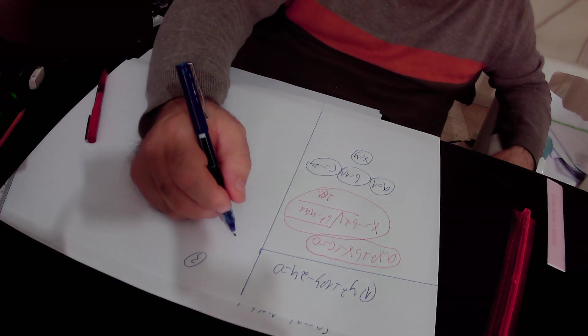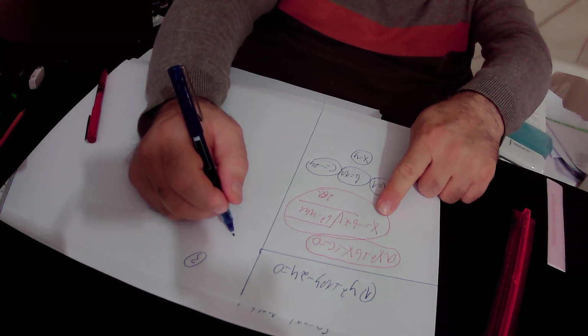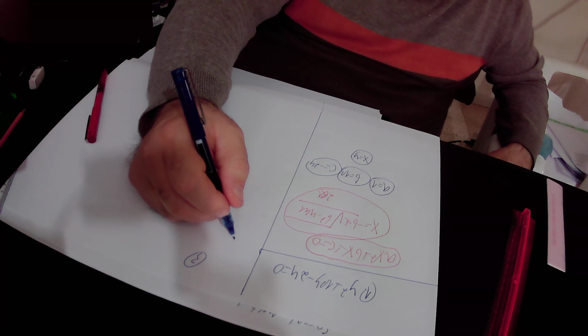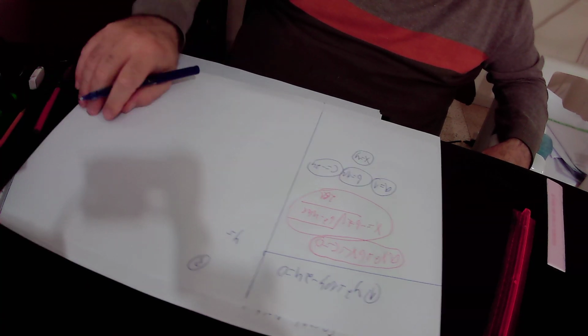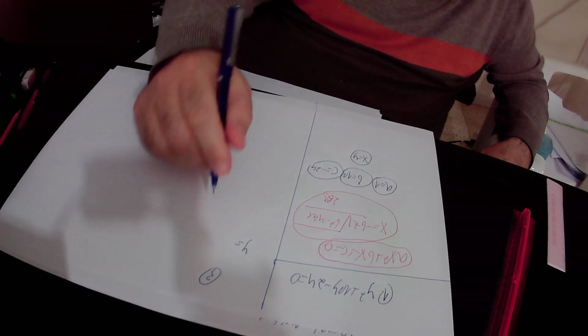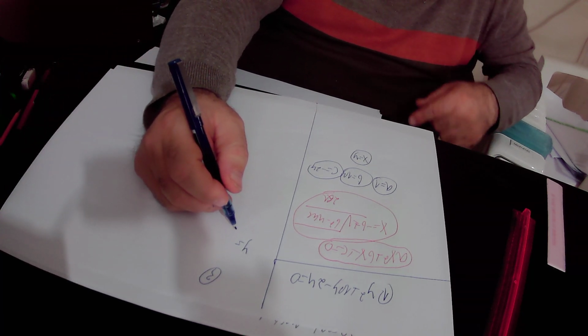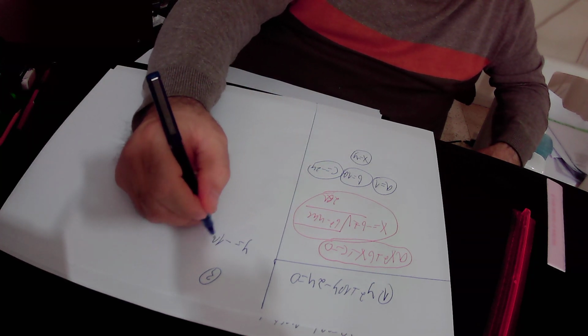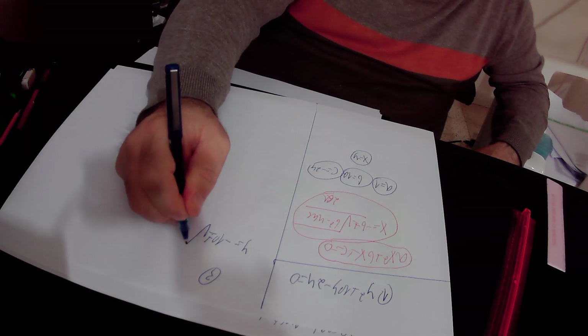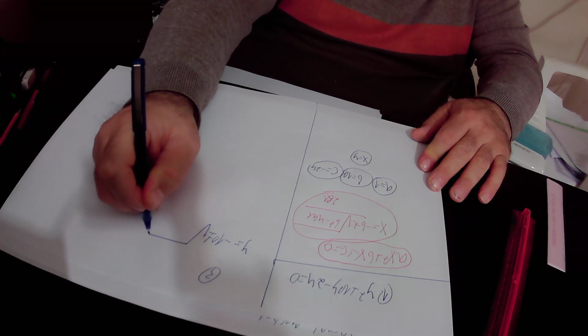So we get that according to this formula, x equals y, so y equals minus b, b equals 10, so minus b is minus 10, plus minus square root of b squared.